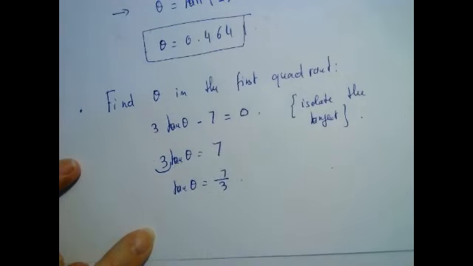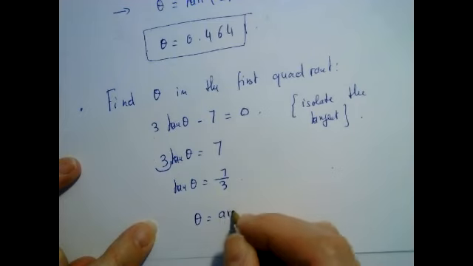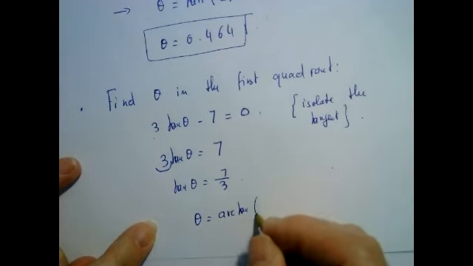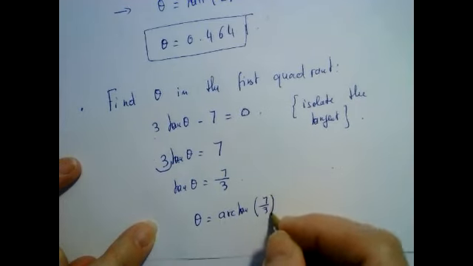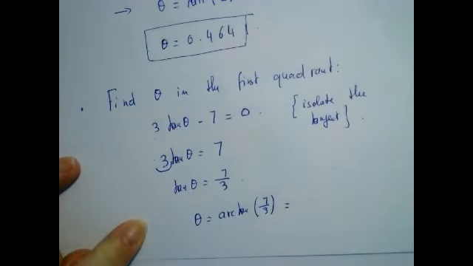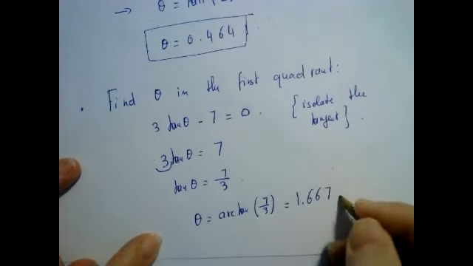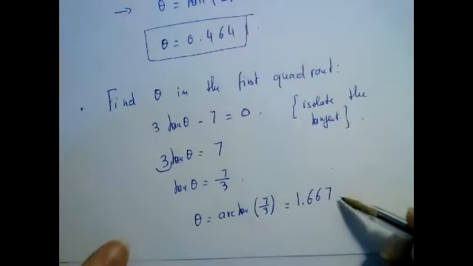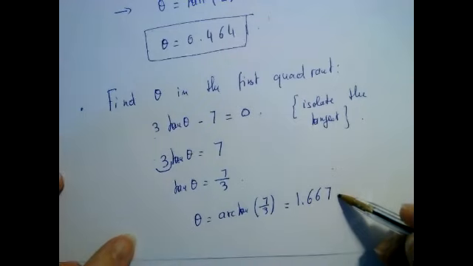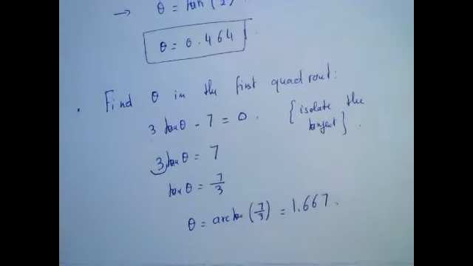Then tangent theta is 7/3, and this gives me theta is arc tangent 7/3. Some students are giving me 1.165, and I think that's the correct answer. And this is radian, about 1.17 radians, because we're putting our calculator in radian.